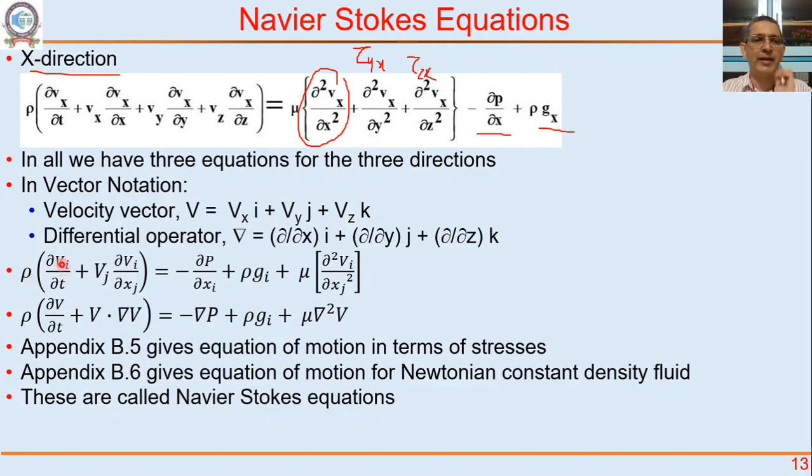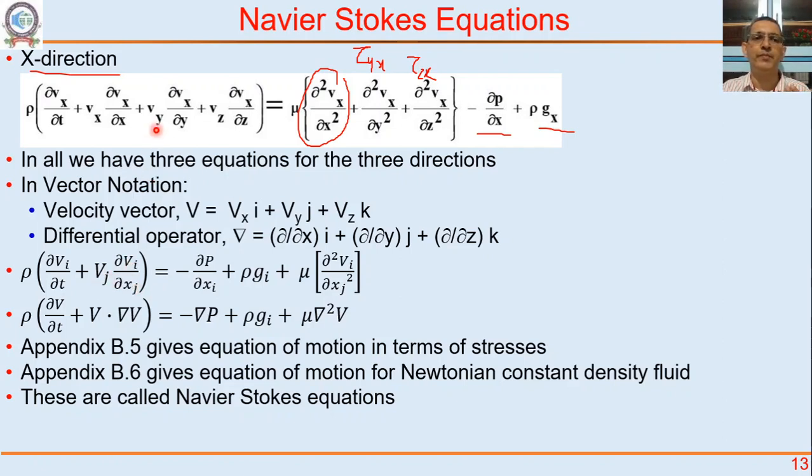We can write it like this: del vi by del t. So i is x, and j is a direction. Again, three directions: x, y, z. But there is the same direction here, and it's an addition over the three directions. So it is vj del vi by del xj, meaning it is vx del vx by del x, vy del vx by del y, vz del vx by del z.